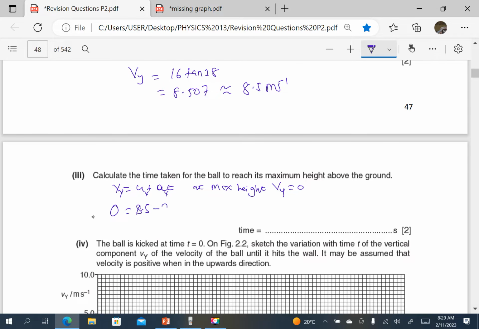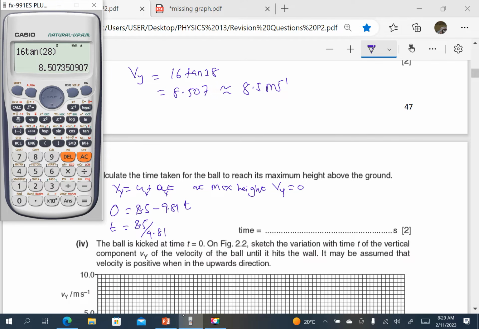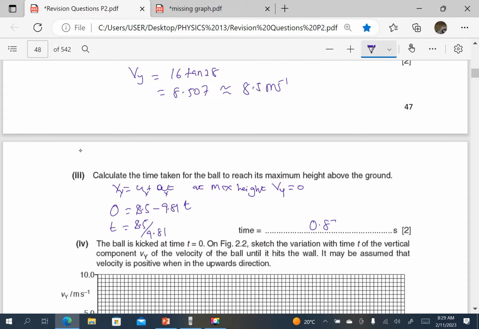So this will be minus 9.81, then times t. So this gives us t as 8.5 divided by 9.81, which gives us 0.87. So that time is 0.87.